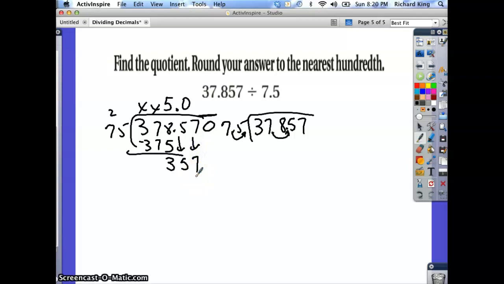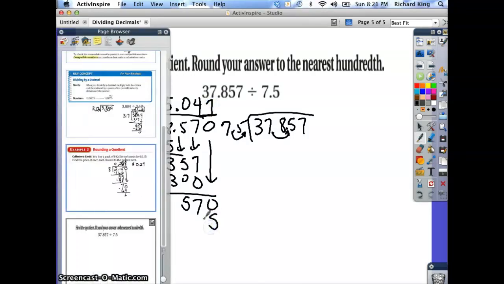So 75 into 357 will probably go 4 times, I believe. 4 times 5 is 20, carry your 2. 4 times 7 is 28, and 2 is 30. Subtract 7, 5. Bring down your 0. Because again, we have to go to the thousandths place to round back to the hundredths. So this will go approximately, not quite 8 times, but 7 probably. 7 times 5 is 35.